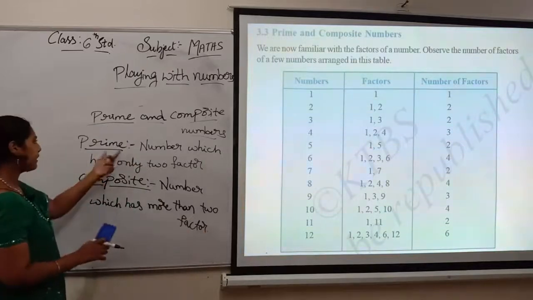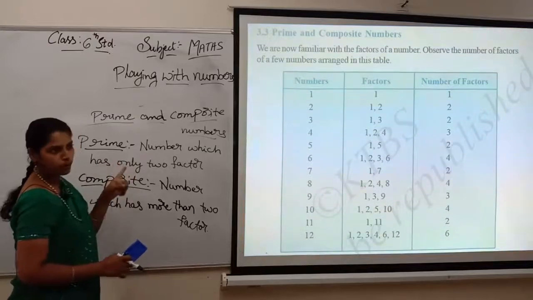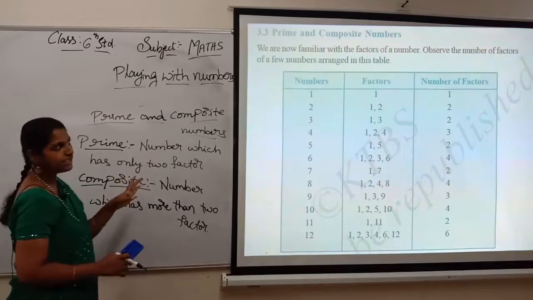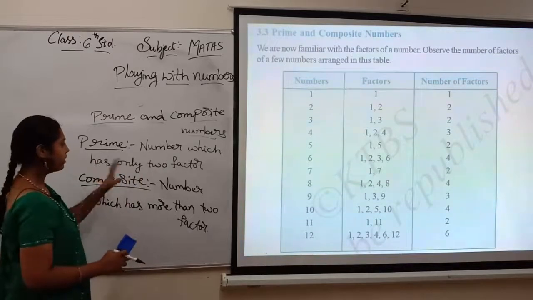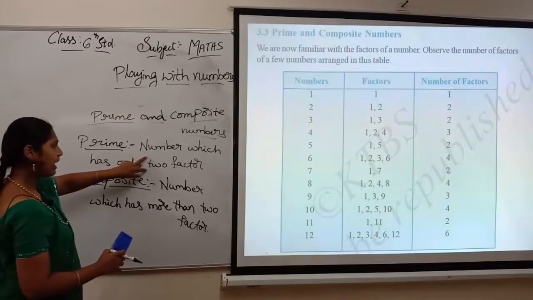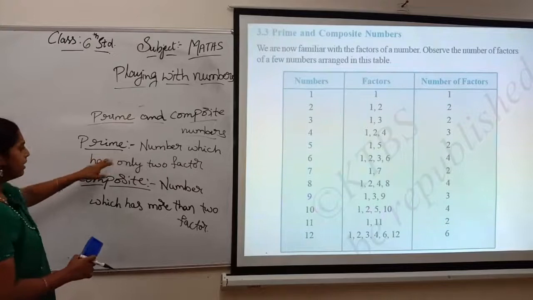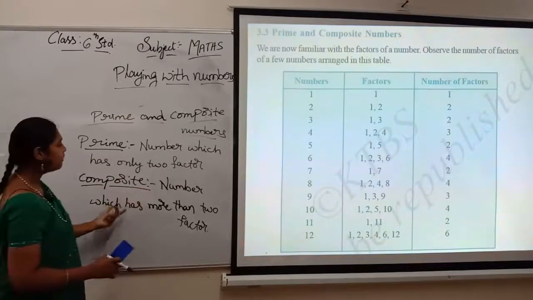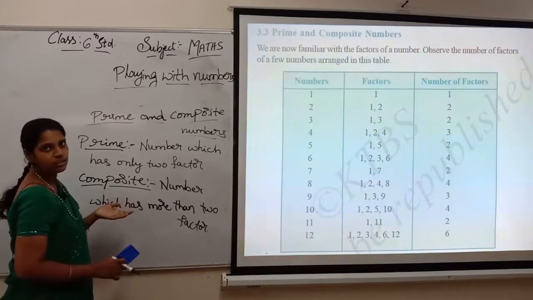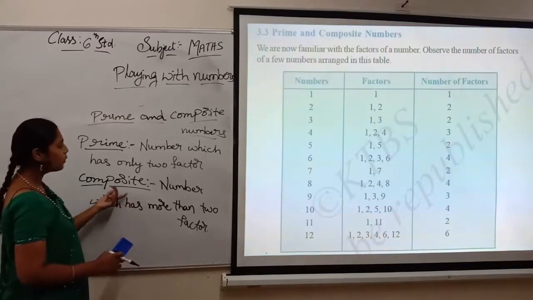See here, prime means the number which has only two factors. One is a factor of all numbers and itself is a factor of all numbers. If only these two factors are present for any number, then we can say that number is a prime number. Composite means the number which has more than two factors, either 3 or 4. So these type of numbers we call composite numbers.